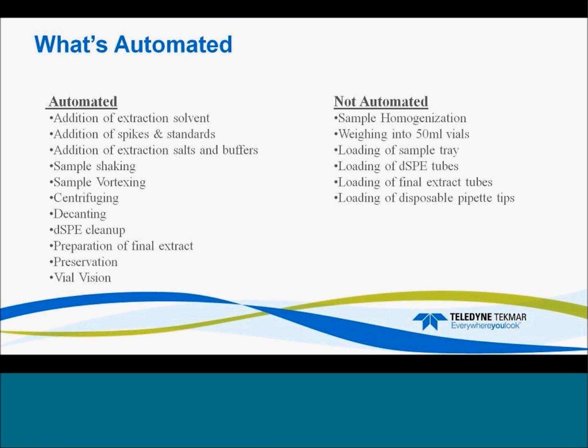We're able to shake the sample, vortex the sample, and centrifuge. We're able to transfer or decant the supernatant through the tubes. We're able to do the dispersive solid phase extraction cleanup. We can do preparation of the final extract, preservation, and then we have something called Vial Vision, which will basically ensure accuracy of the sample.